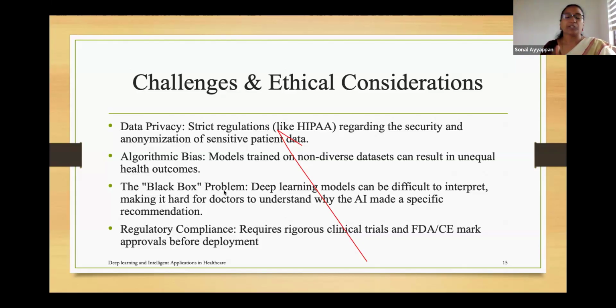When I did my PhD, I'll tell you my experience. I needed MRI scans, but those MRI scans were taken from a hospital where the radiologist made me sign some papers saying that I won't be misusing them for any other purpose, and that they would be used only for research purposes.